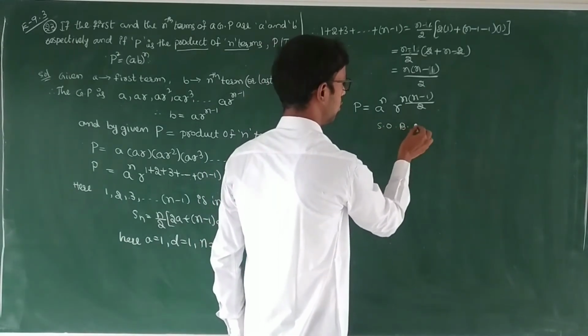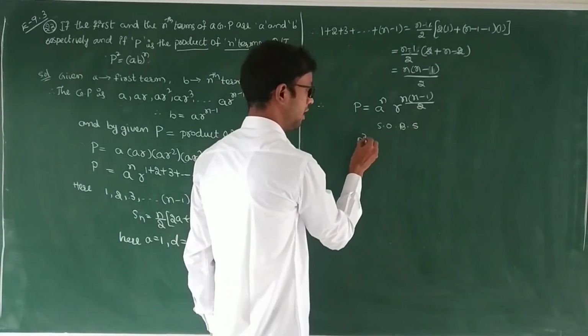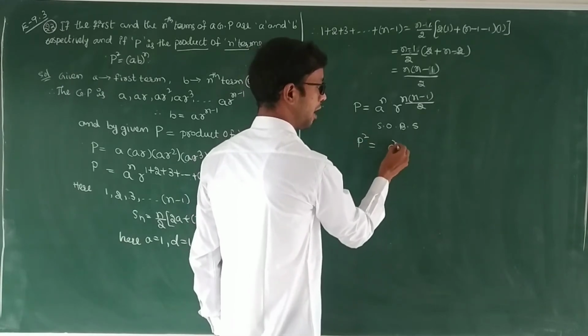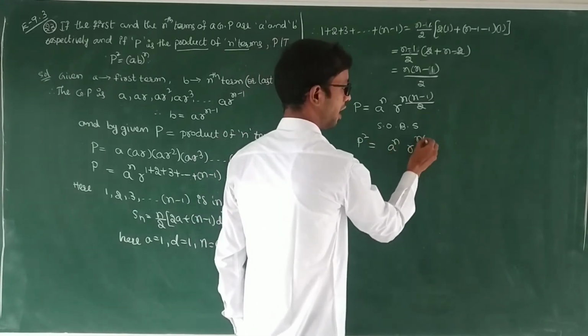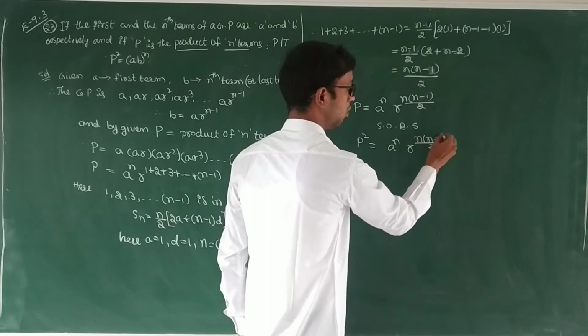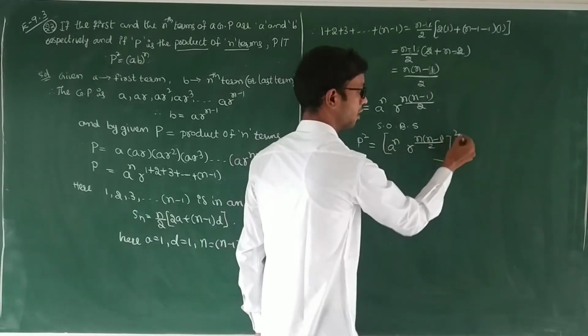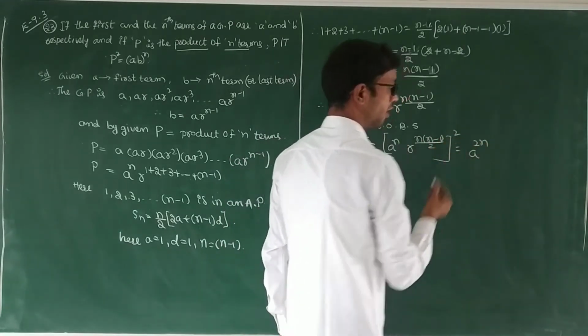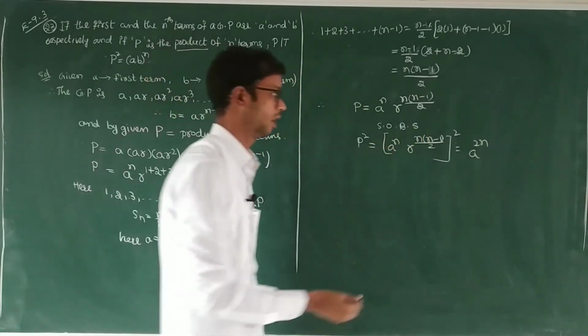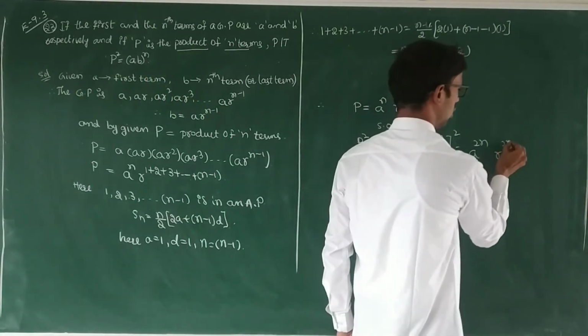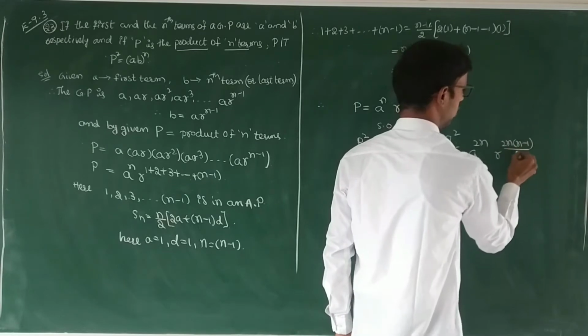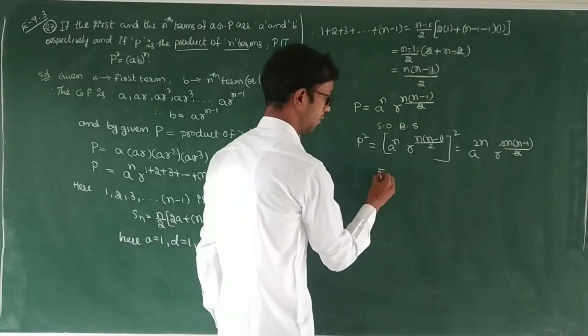Squaring on both sides, P square is equal to a power n into r power n into (n minus 1) by 2, whole square. So this simplified: a power 2n, 2 multiplied inside, r power 2n into (n minus 1) by 2 gets cancelled.